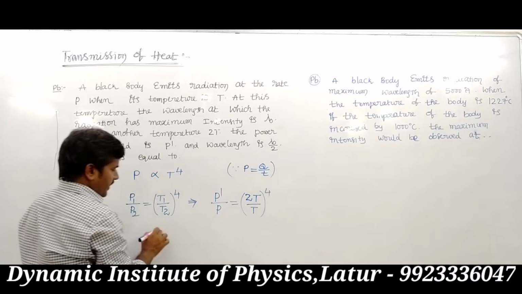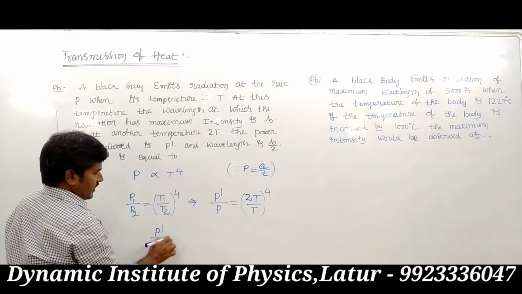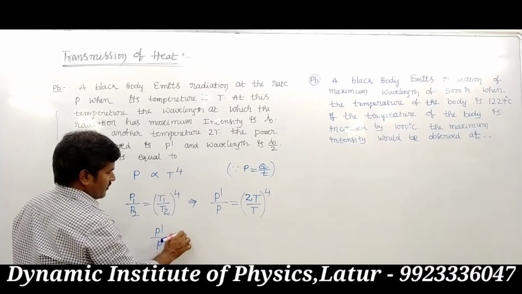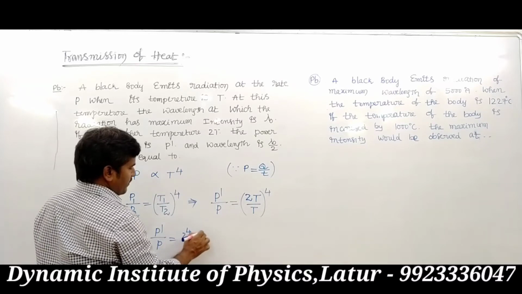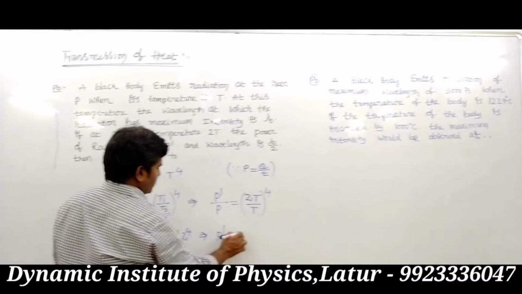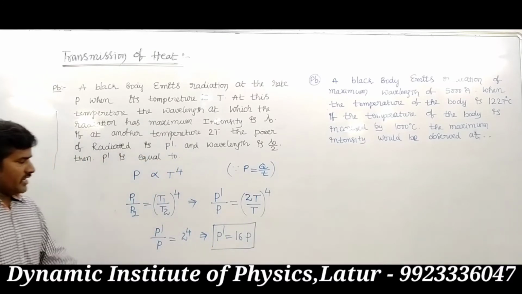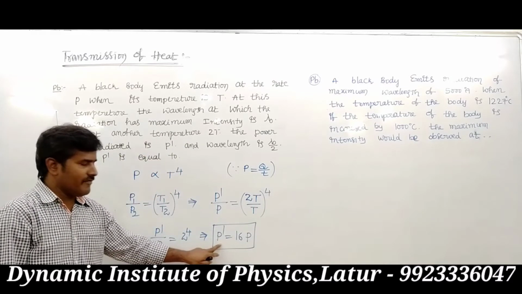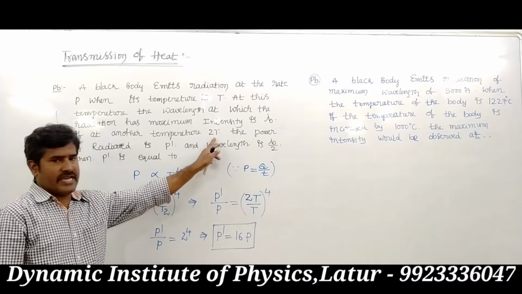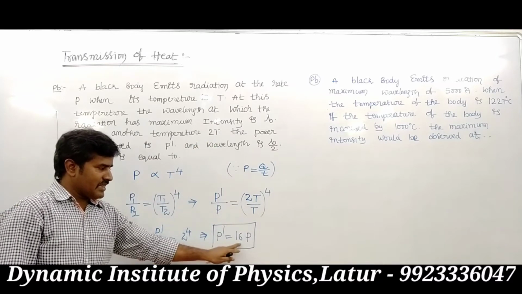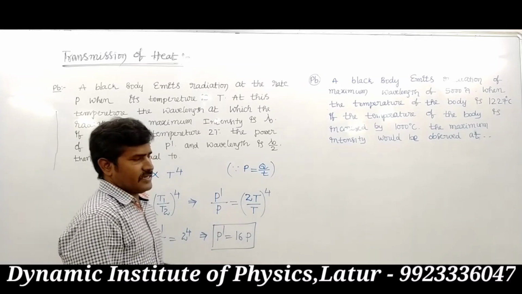P dash upon P equals 2 power 4, which is 16. So P dash equals 16 P. When the temperature becomes twice, the power becomes 16 times P.